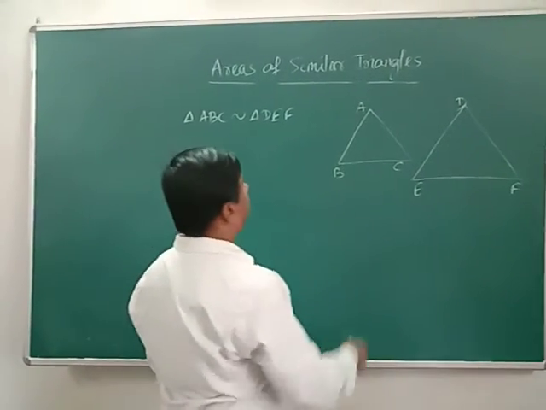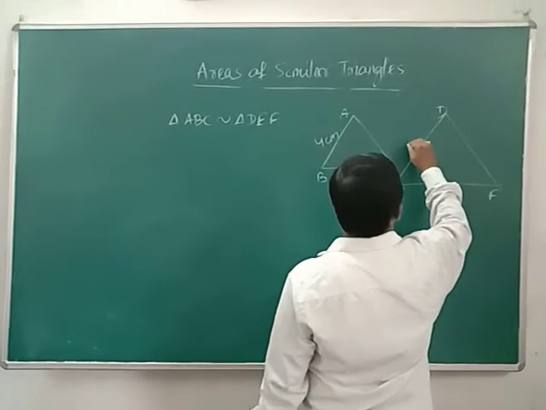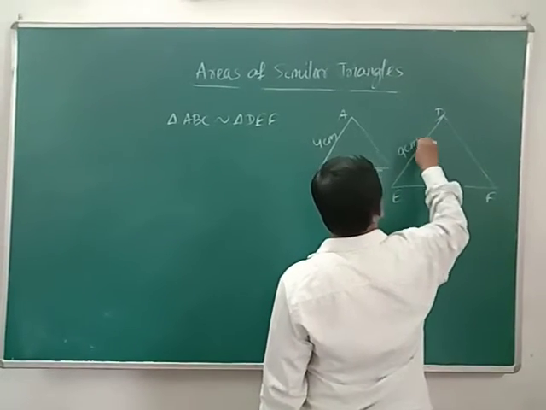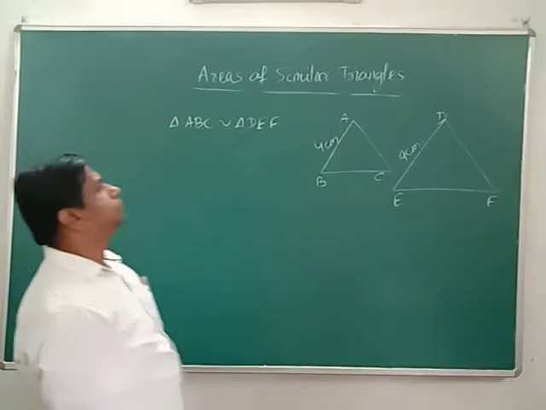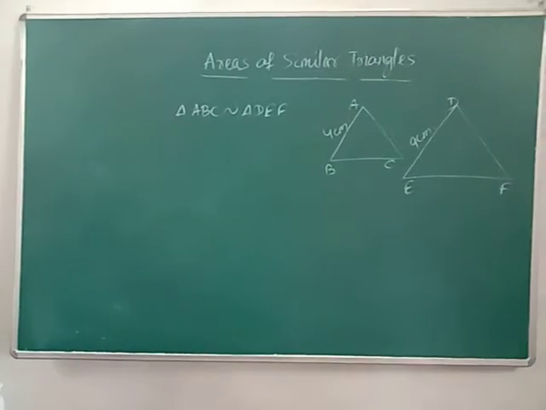And AB is equal to 4 centimeter and DE is equal to, suppose, 9 centimeter. So what is the ratio of the areas of the two triangles?